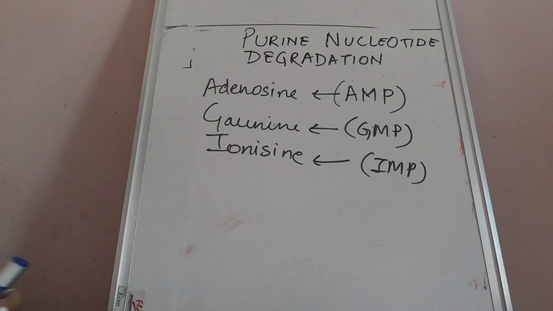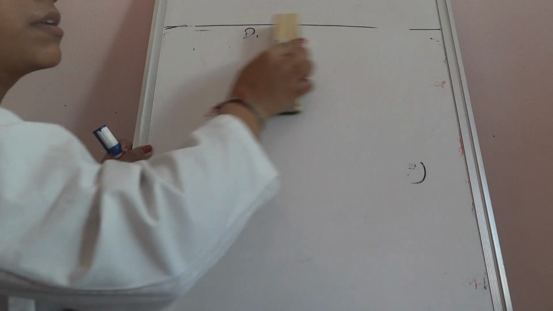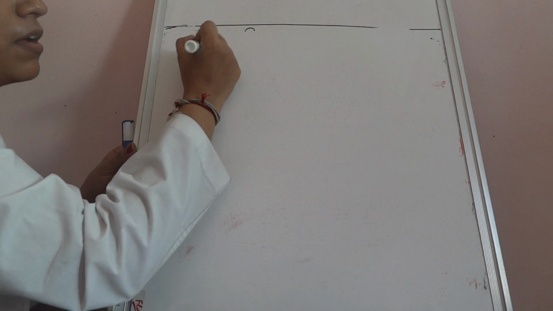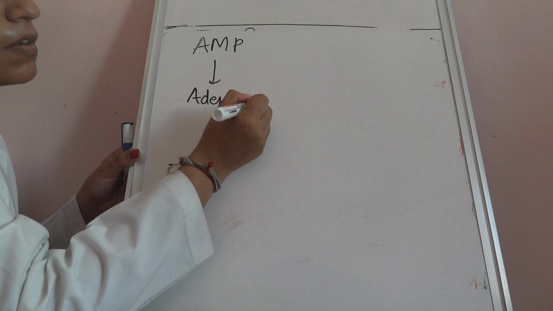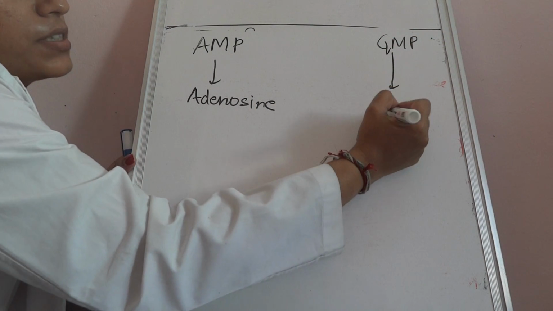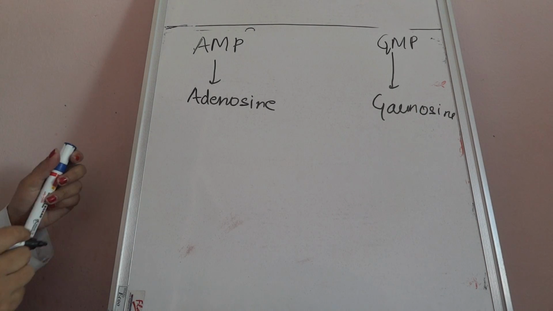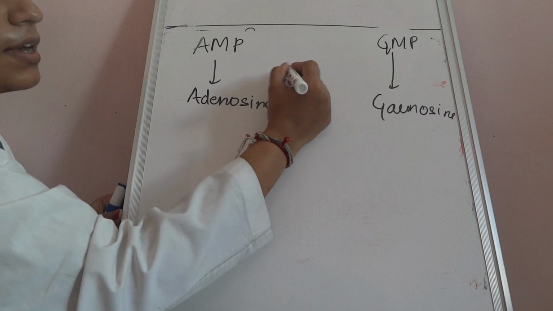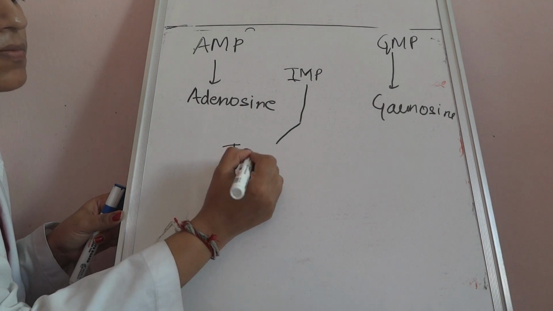So now coming to the degradation of purine nucleotides. Adenosine monophosphate will form adenosine, guanosine monophosphate will form guanosine, inosine monophosphate will form inosine.